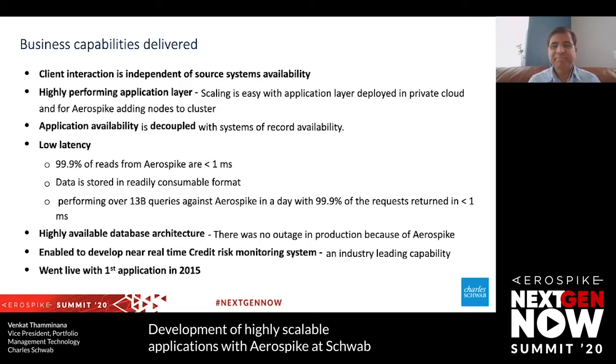We are performing over 13 billion queries against Aerospike in a typical day, and it's great to see 99.9% of requests are returned in less than 1 millisecond. That's the real secret sauce behind that low latency performance.